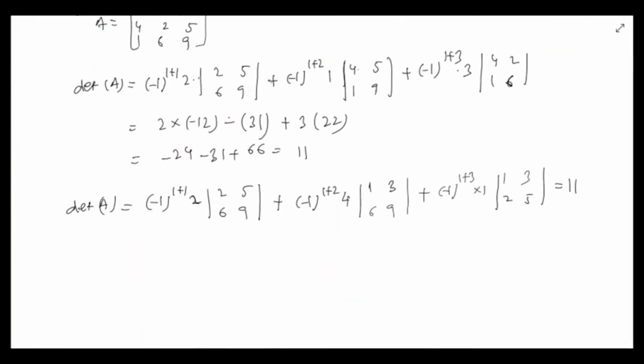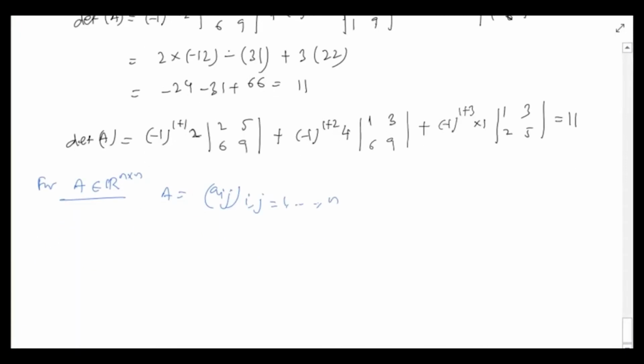Now let's take this idea forward and consider n by n matrices. For A in R n cross n, that is A has entries Aij, where i and j both range from 1 to n, I can determine determinant of A by expanding along any of the rows or any of the columns.